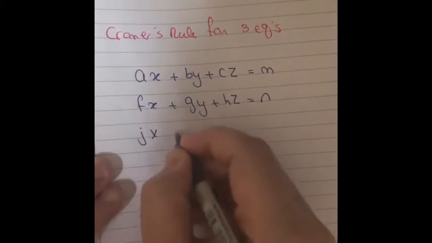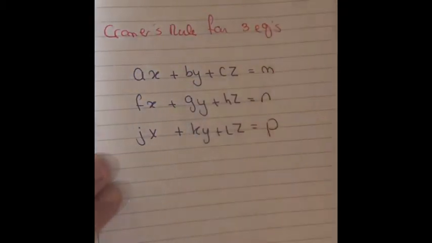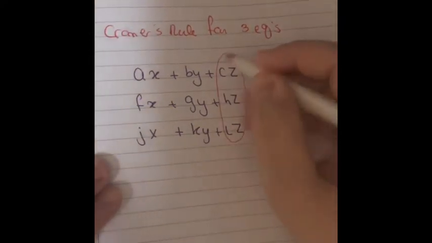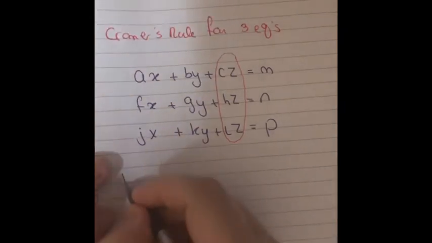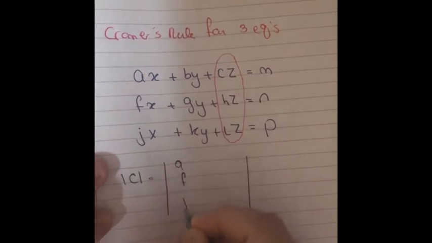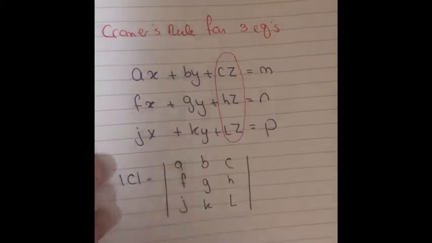And jx plus ky plus lz equals p. Now what's extra here is just those z's. I'm going to follow the same things, but I need to add z to my rows. The coefficient determinant is going to be a, f, j, b, g, k, c, h, l, right?